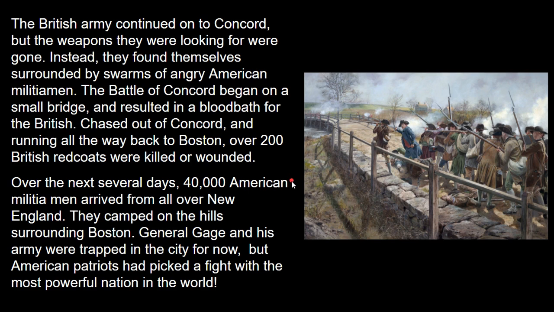Over the next several days, 40,000 American militiamen arrived from all over New England. They camped on the hills surrounding Boston. General Gage and his army were trapped in the city for now, but the American patriots had picked a fight with the most powerful nation in the world.